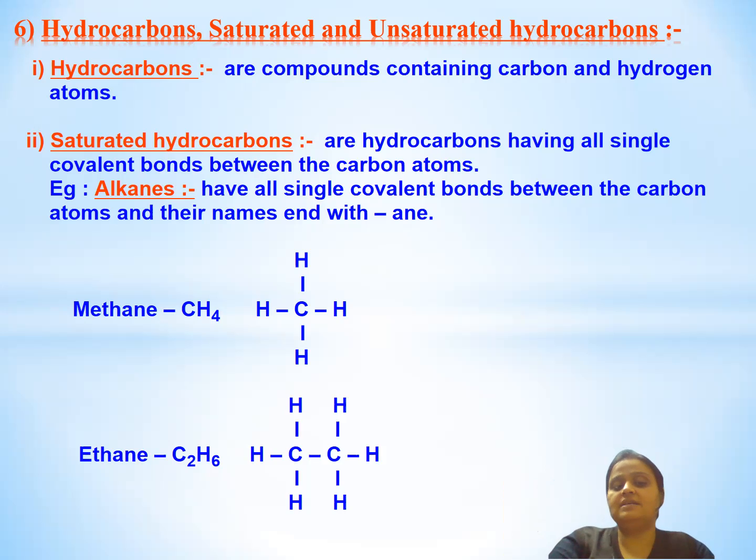On the other hand, the next member of the alkane family is ethane, which is C2H6. There are 2 carbons, and they satisfy the tetravalency of carbon.